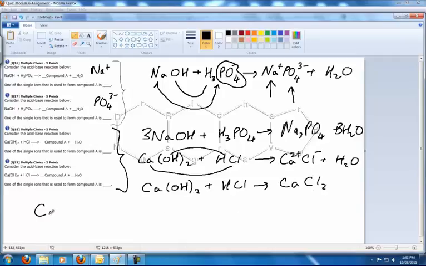If you want to look at a picture of what that looks like, it would be Ca2 plus and then Cl negative and Cl negative. And you can see that all balance out, -2 and +2. And that's plus H2O. Now we can go ahead and balance out the entire reaction.